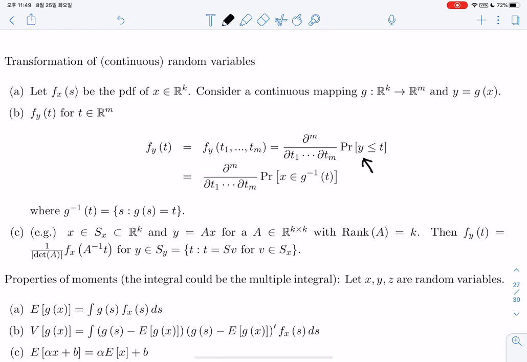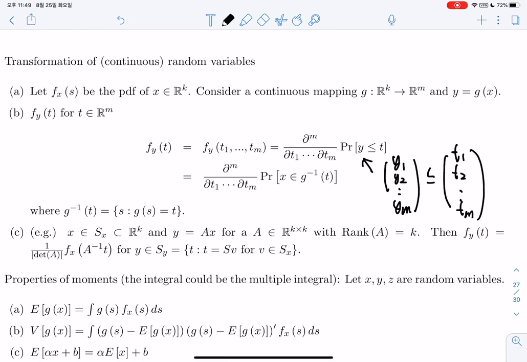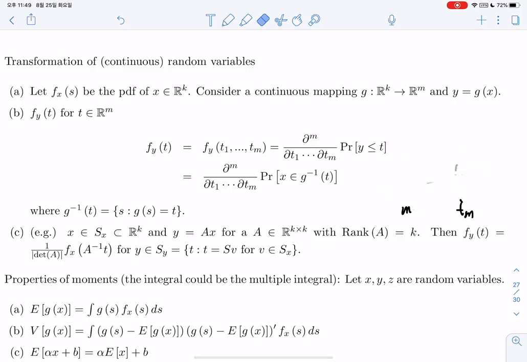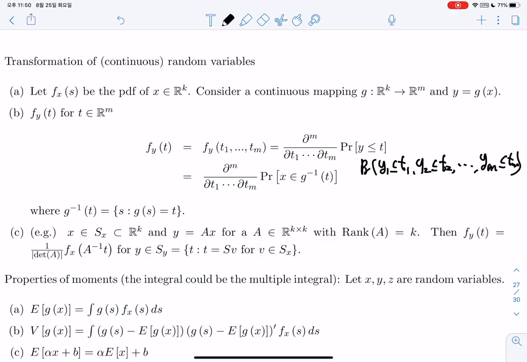So this means that (y1, y2, up to ym) is less than or equal to (t1, t2, up to tm), which means the probability that y1 is less than t1, y2 less than t2, and so on up to ym less than tm.